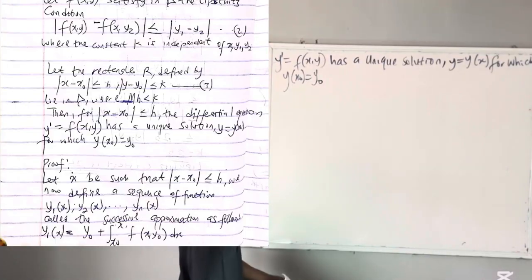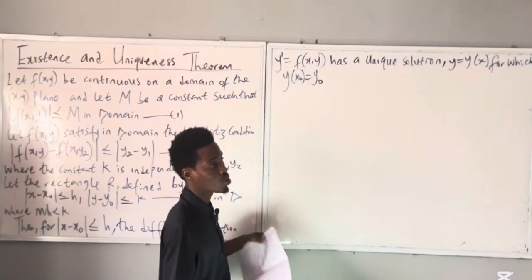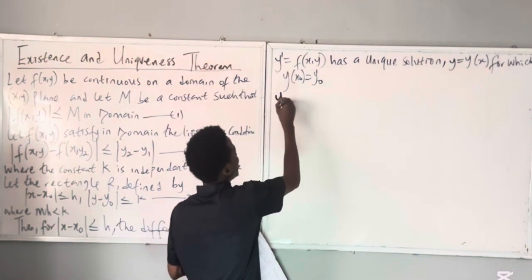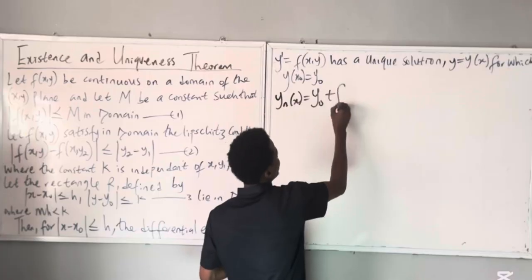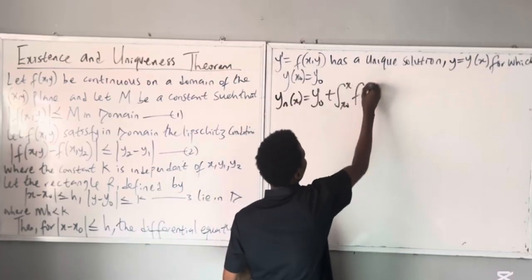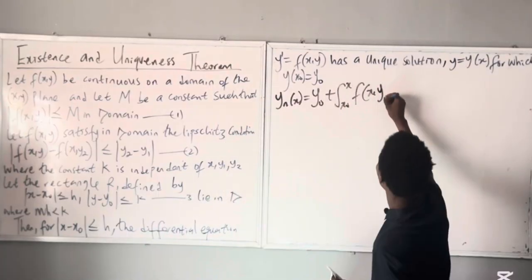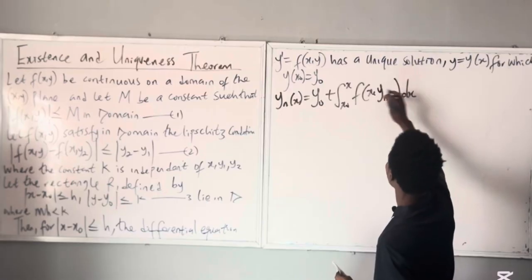What they did there is from the Picard iterative method, we get that yn of x will give us y naught plus the integral from x naught to x of f of s, yn minus 1 ds.